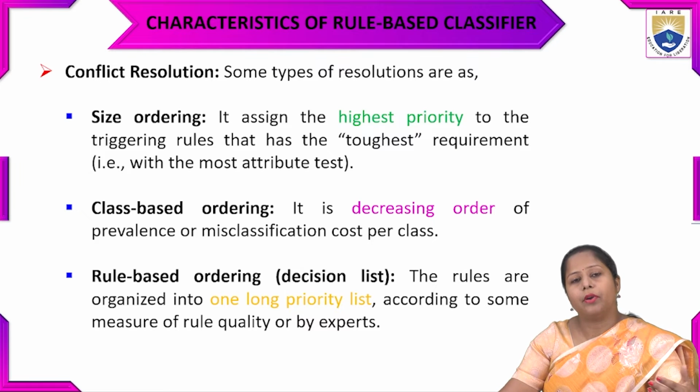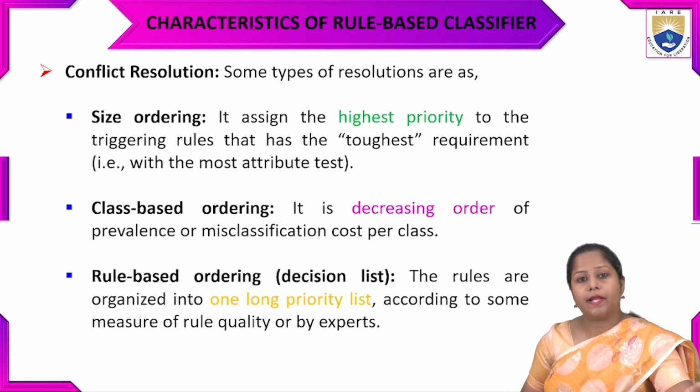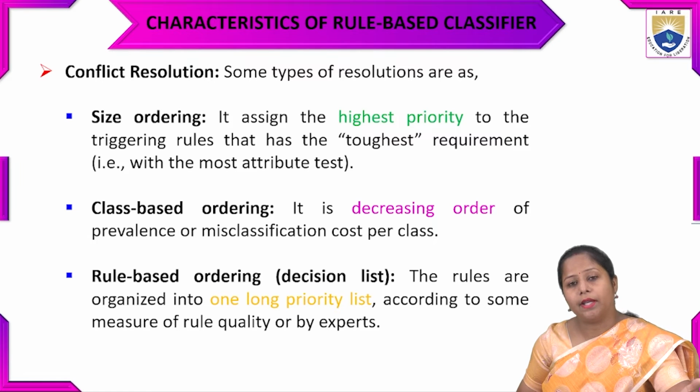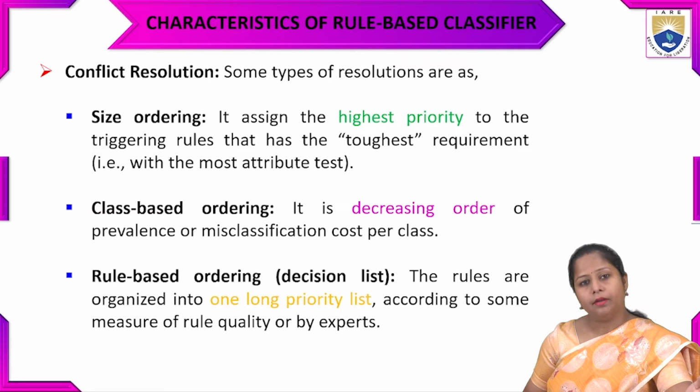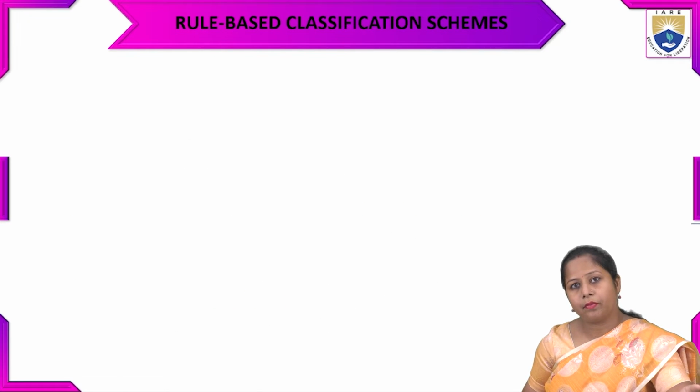The highest priority will be on the basis of those measures, what the accuracy is, what the coverage is, as well as the domain expert's judgment, and the classifier classifies according to the highest priority rule.